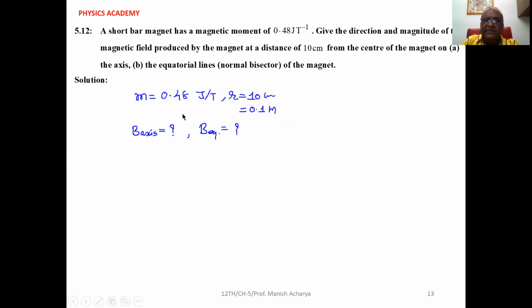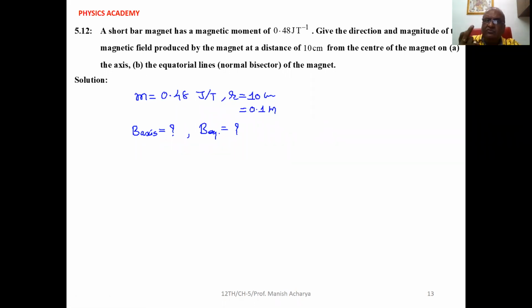Now see, magnetic moment that is given to you is 0.48 joule per Tesla. And the point is at a distance r equal to 10 centimeter, means 0.1 meter, where we want to find the magnetic field.